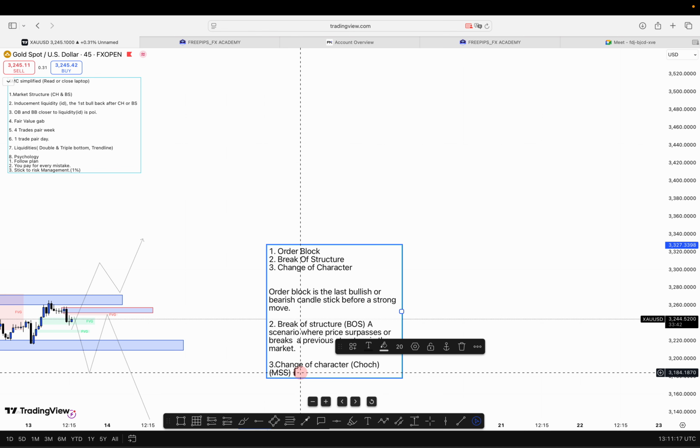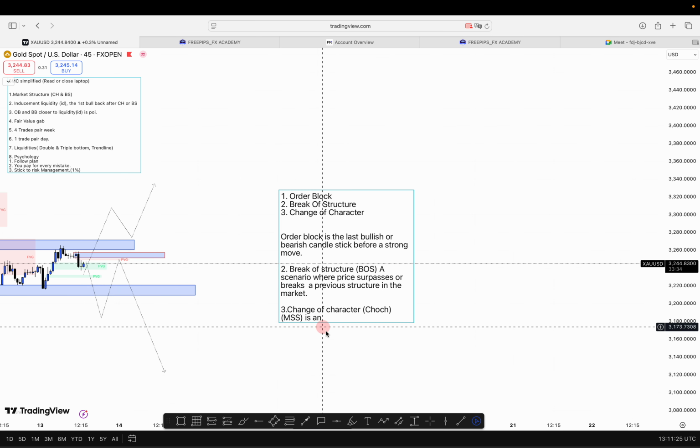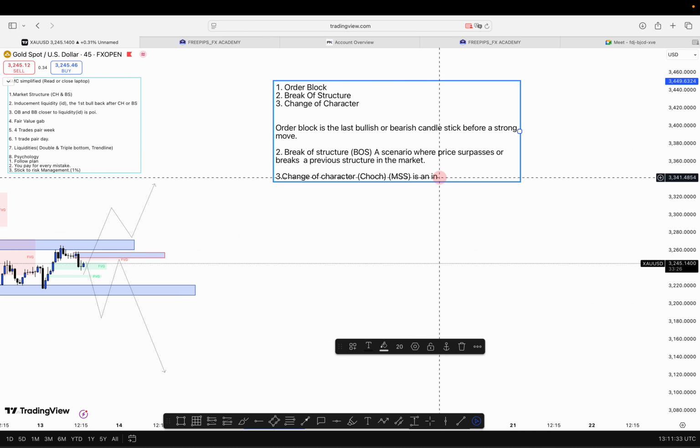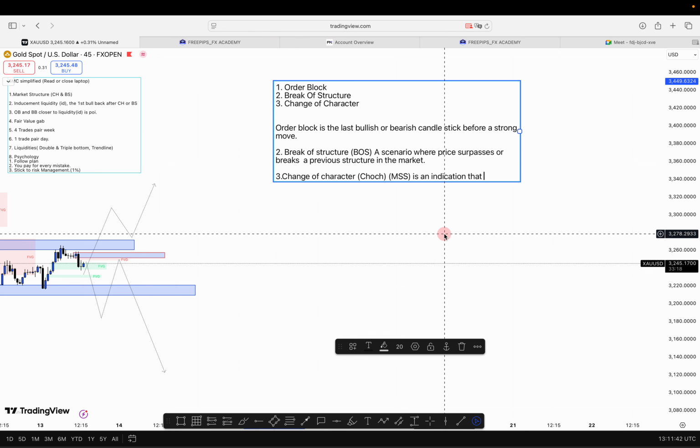Let me type it. It's an indication that a trend has ended and a new one is about to begin in the opposite direction.